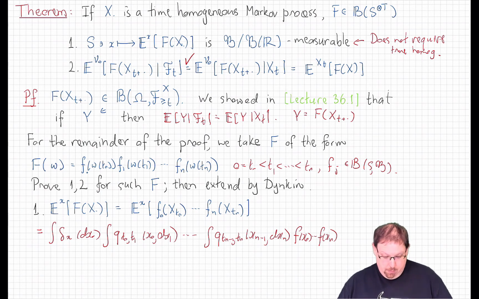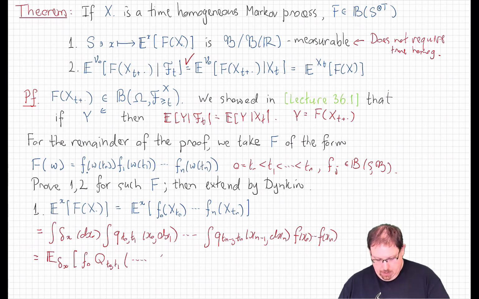And of course we can rewrite that as the expected value in the initial distribution point mass at x of this sort of alternating product thing, f0 times q of t0 t1 applied to f1 times ... times q of tn minus 1 tn applied to fn.